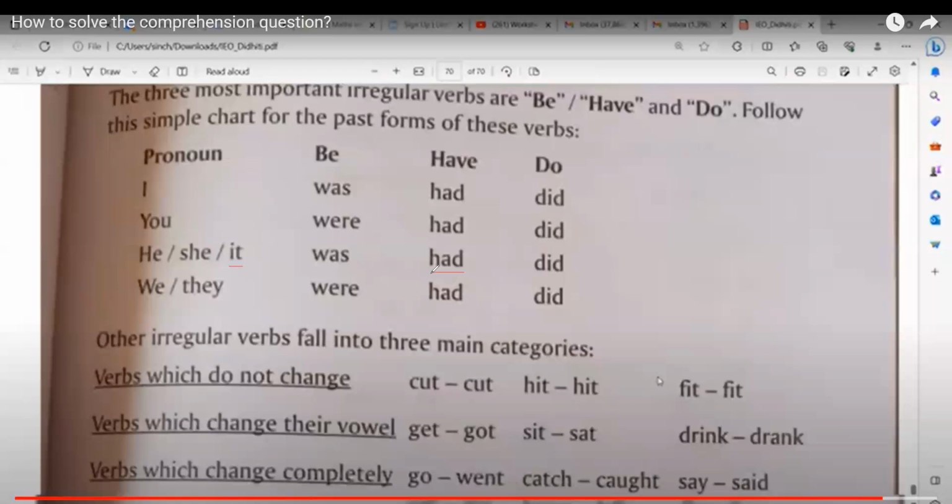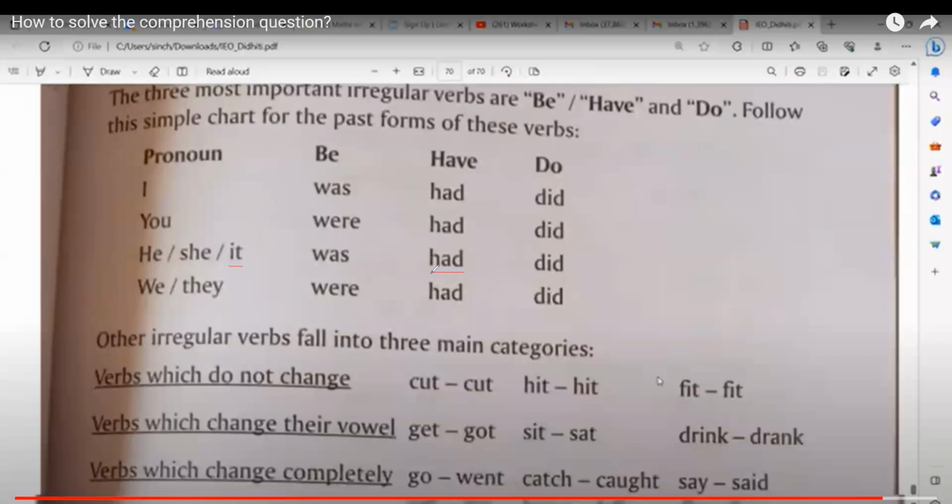It had not a good way. No, it's wrong. It had a toy gun.